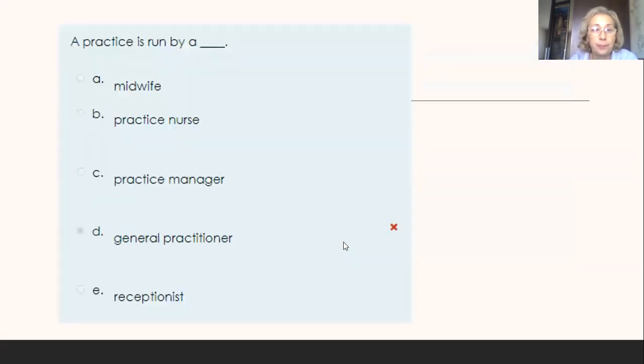And if we move to the next slide, this is also hard. It was difficult for us. Practice is run by practice manager, because run here means is organized, is supervised by a manager.